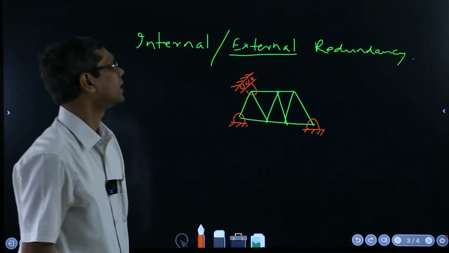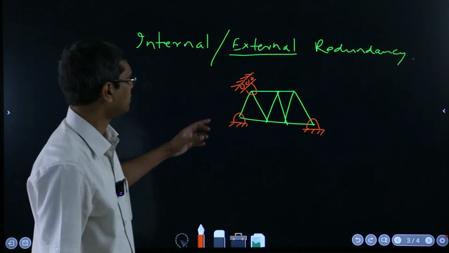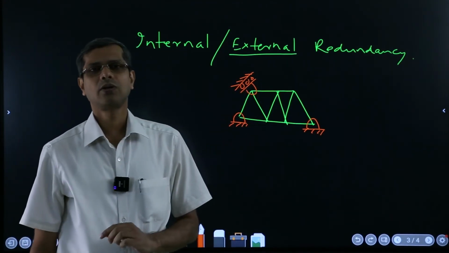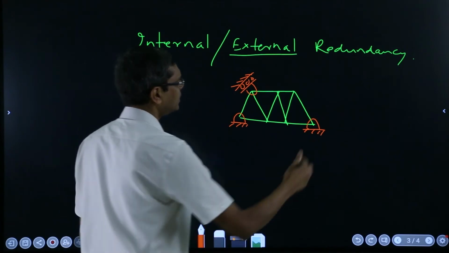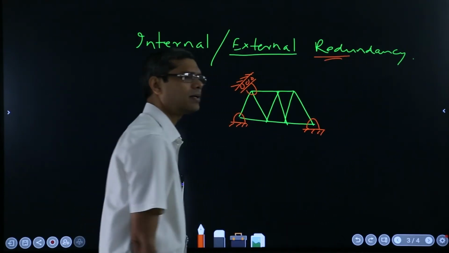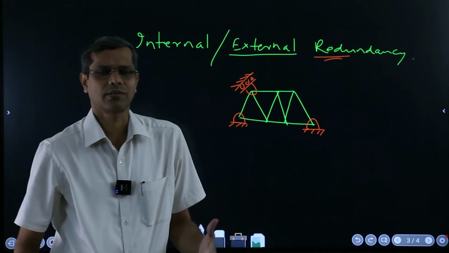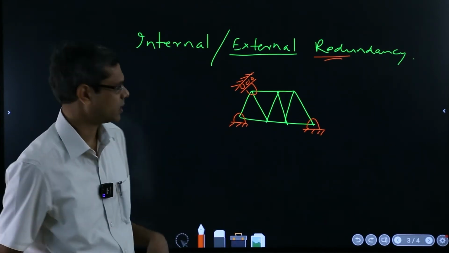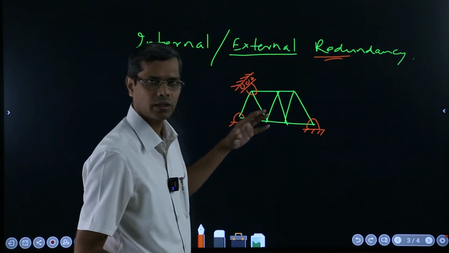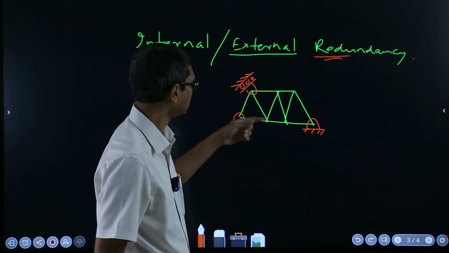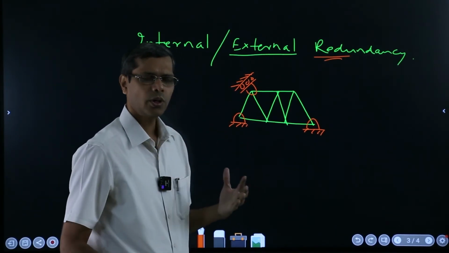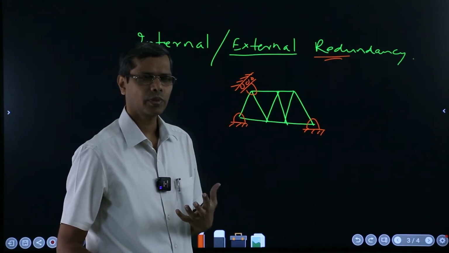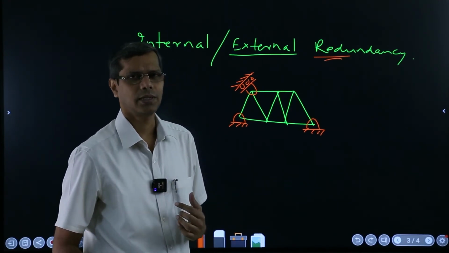Now if I create many supports which are not necessary, this redundancy actually means that they are unnecessary, redundant, useless; they are there, but without them also things can work. So the same thing in this context is that there are supports which you have used which are not actually necessary.